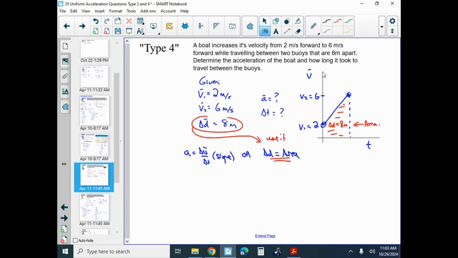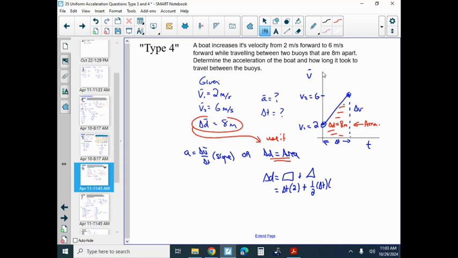So let's do this. We've got our displacement equals, and we've got a rectangle and a triangle as usual to guide our process. And so we've got an unknown time here, delta t, as a base. So we've got a delta t times a 2 for the rectangle, and then that same delta t for the base of the triangle, 1/2 of the delta t that we don't know, times the delta v, the height that we do know, right?